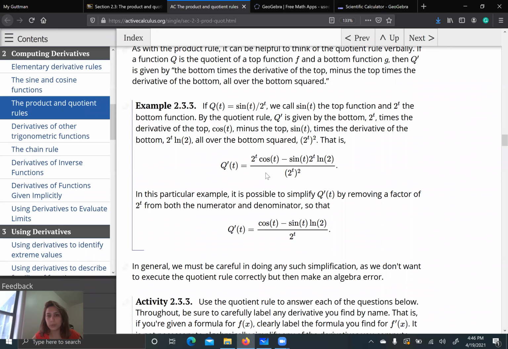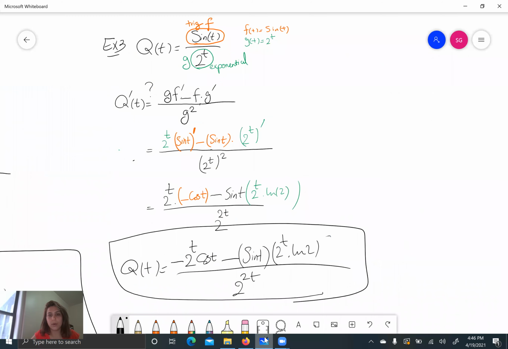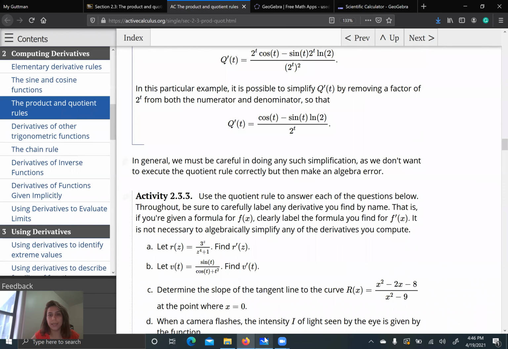In your textbook, it says that the derivative is going to be g, the denominator, times the derivative of the numerator, minus the numerator times the derivative of the denominator, and then the denominator squared. We can simplify further, by the way.